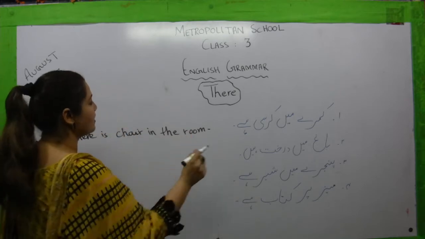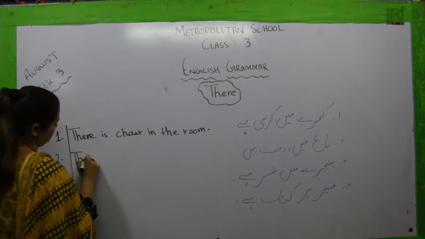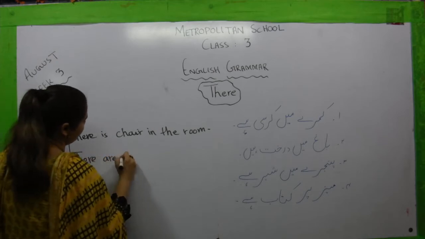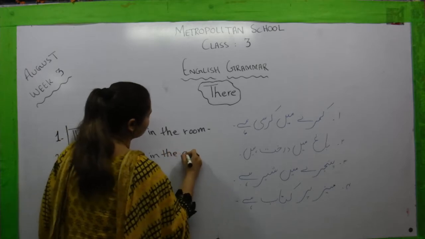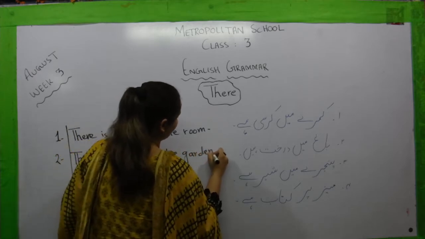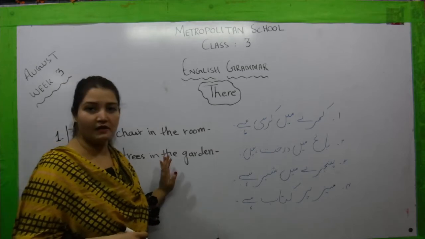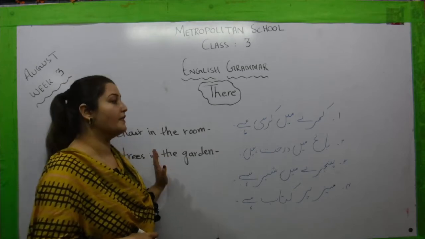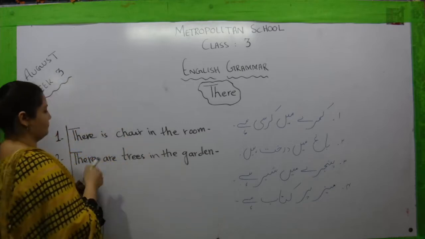The next one is बाग में दरख्त हैं. There are trees in the garden. Now my dear students, as we have already discussed in our previous lessons that whenever we talk about singular, so we use is.